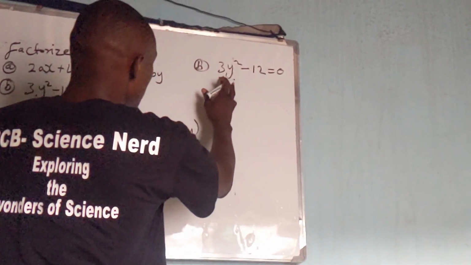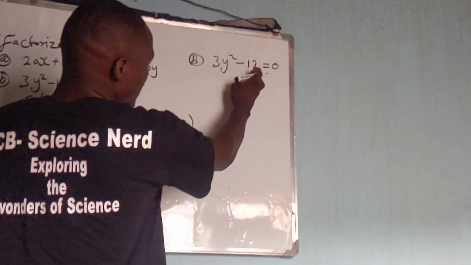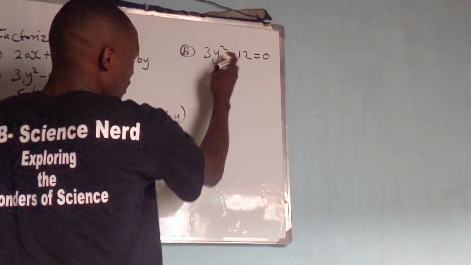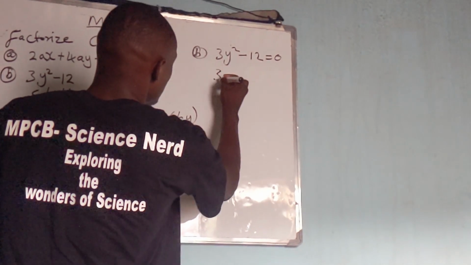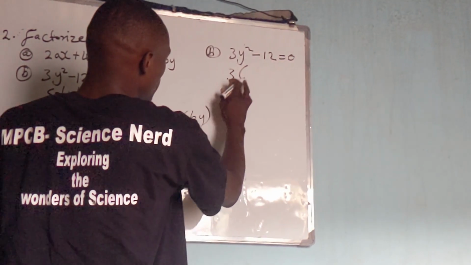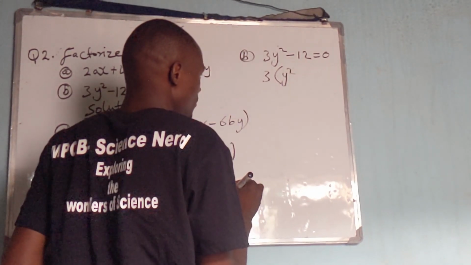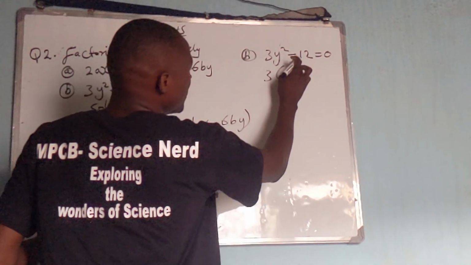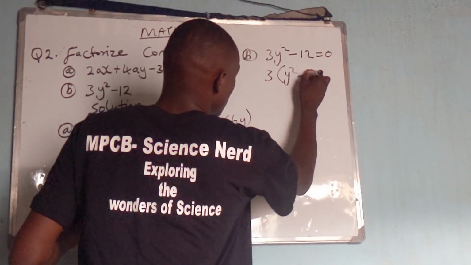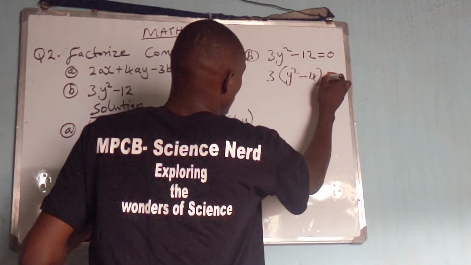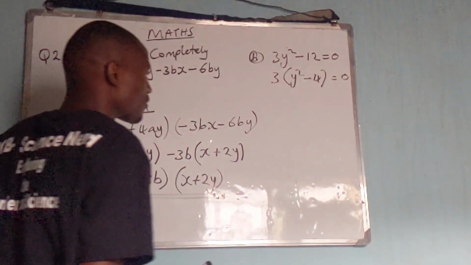We find that 3 is common. Therefore, we are going to factor out 3. So 3 into 3y squared is y squared. 3 into negative 12 is negative 4, which is equal to 0.